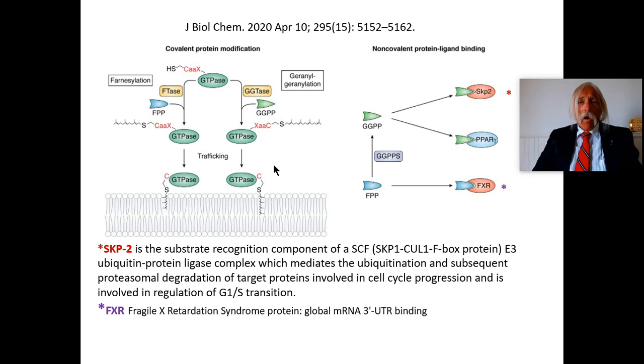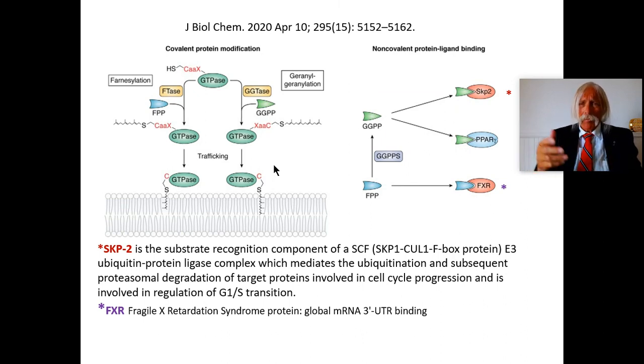Now, on the right here, you also get non-covalent protein ligand binding, where you get geranylgeranyl pyrophosphate or you get farnesyl pyrophosphate localized to these three different proteins. So you can get a GGPP for the Skp2 protein. What's Skp2? Skp2 is the substrate recognition component of an SCF complex, which is the Skp1-Cul1-F-box protein E3 ubiquitin protein ligase.